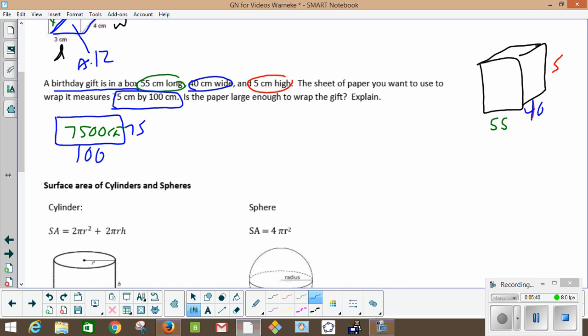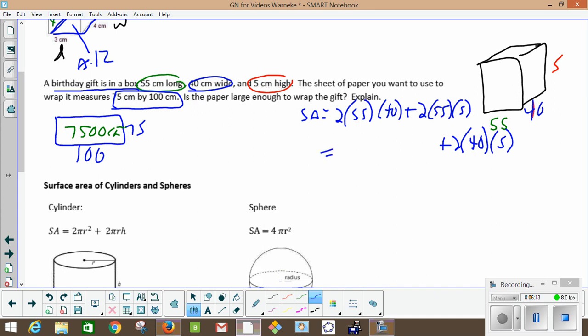And it's up to you which choice you take, but I'm just going to go ahead and use the specific one to this shape, which is 2 times, and again we follow our formula, 55 times 40 plus 2 times 55 times 5 plus 2 times 40 times 5.